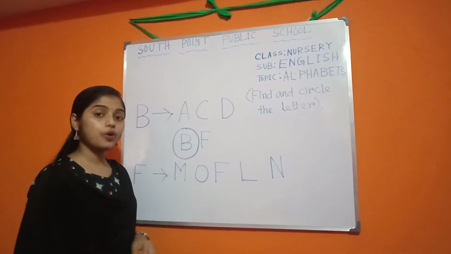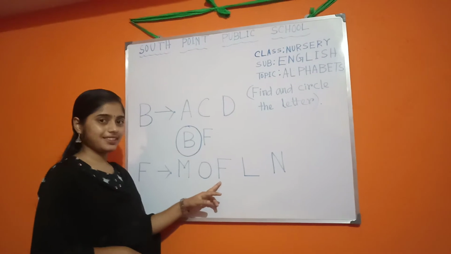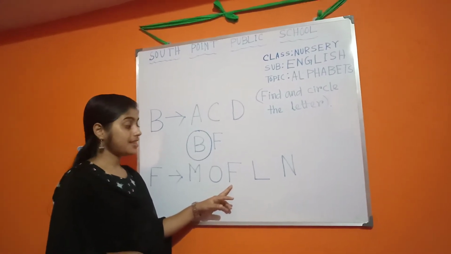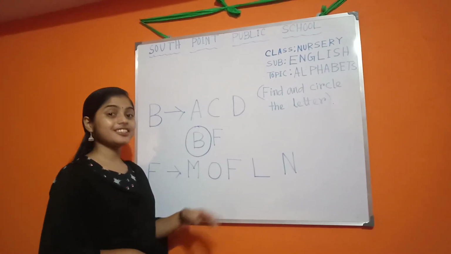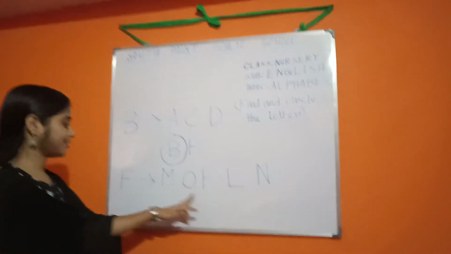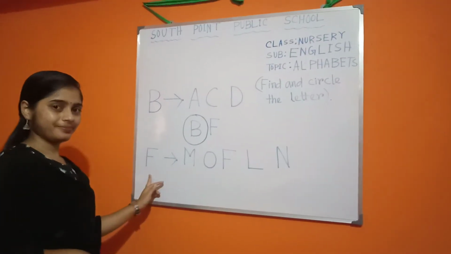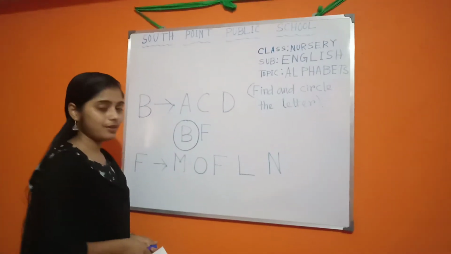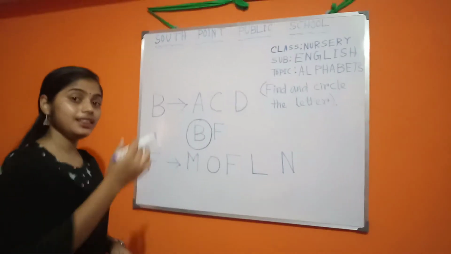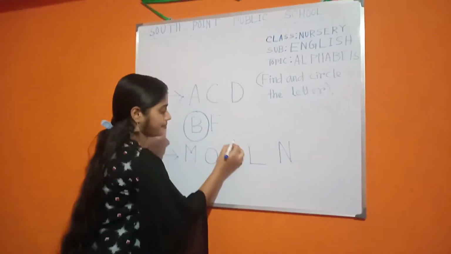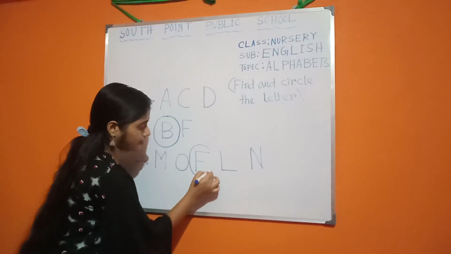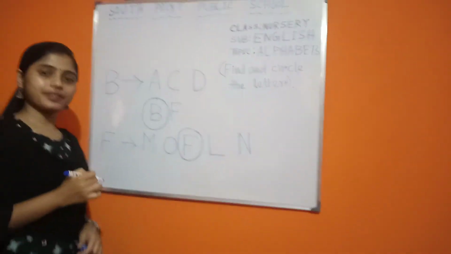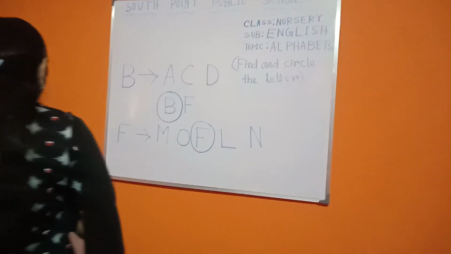This is O. Is it F? Yes, it is F. It looks like the same. Now you have to circle this letter. Okay, done? Next.